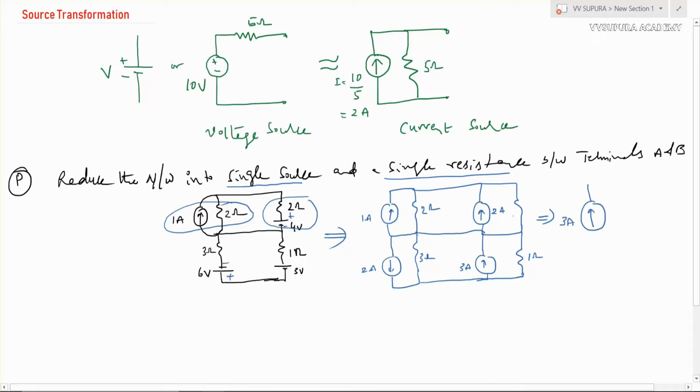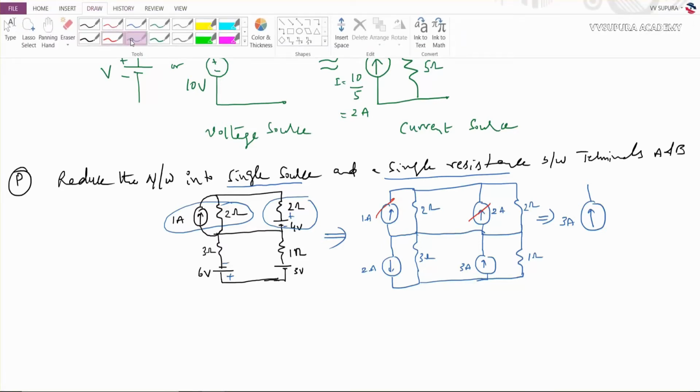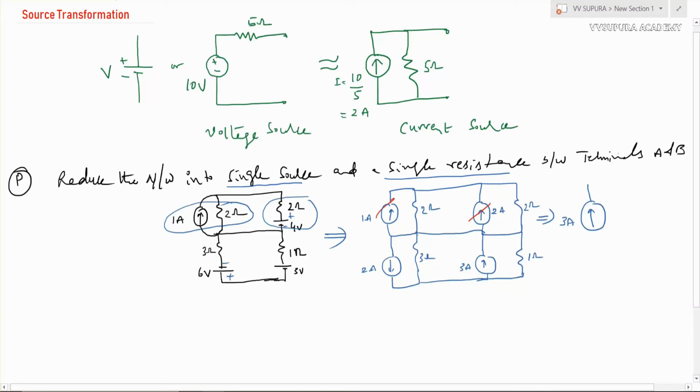By using KCL, Kirchhoff's current law, I can add 1 ampere and 2 amperes as 3 amperes, and the two resistors, 2 ohms and 2 ohms, are connected in parallel. So I can write these two as one resistor, 2 parallel 2, it is 1 ohm.